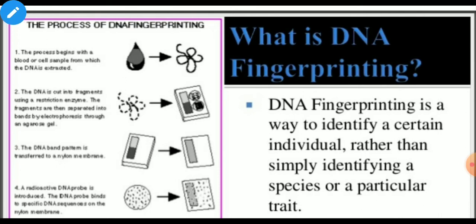Number first, the process begins with a blood or cell sample from which the DNA is extracted. So first of all, DNA is extracted from the cell. After that, fragments of the DNA are made with the restriction enzyme, and after that the DNA band pattern is transferred to a nylon membrane.